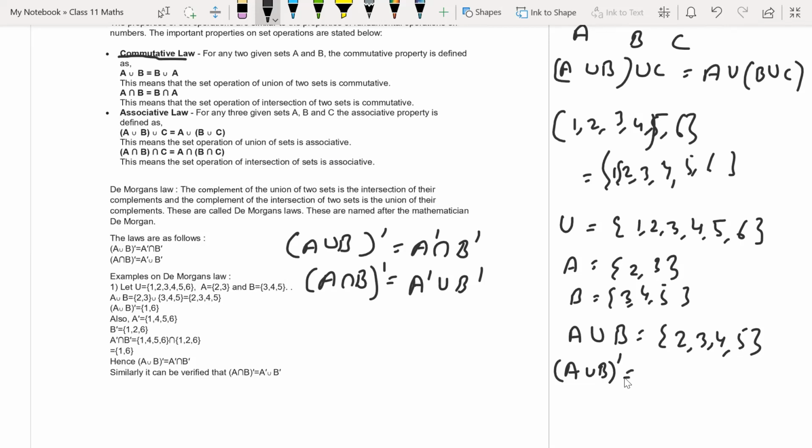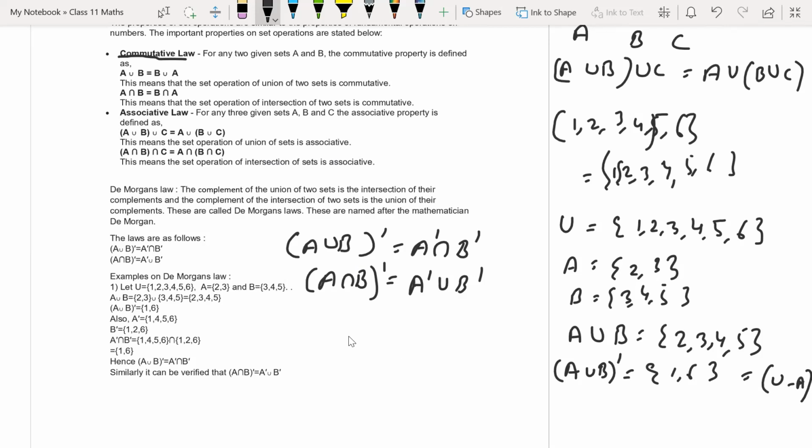The complement of A union B means the elements which are not in this set, or elements we can subtract from the universal set. 2, 3, 4, 5 is A union B. 1 and 6 remain, or we can state U minus A union B. 1, 6 is the complement of A union B.